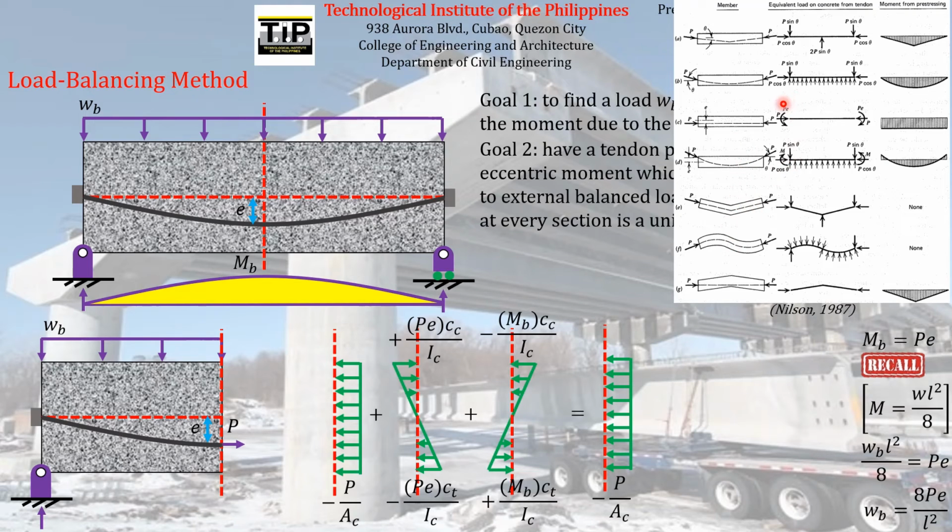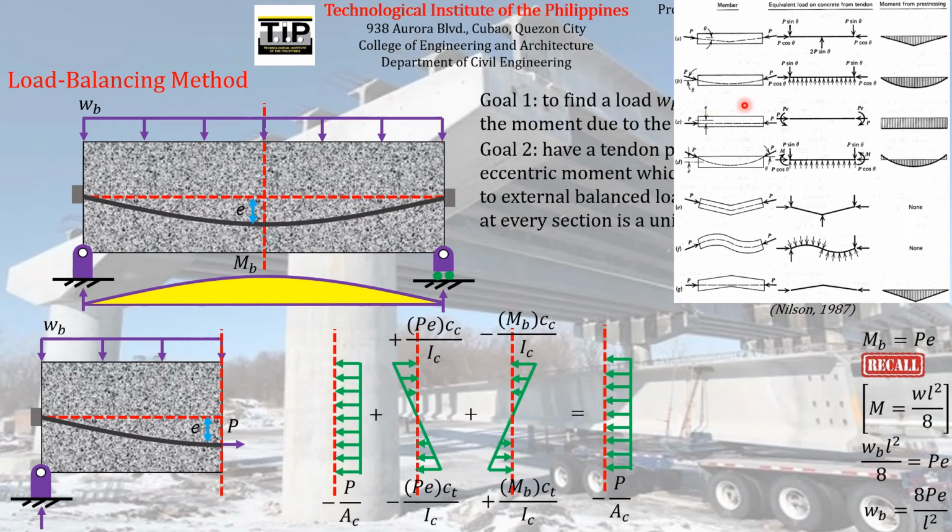So if you want to balance a concentrated moment, say for example, the load that is being carried by the concrete element is a concentrated moment at the ends. So we know that the bending moment diagram that is being produced by that kind of load is similar to this but opposite in direction.